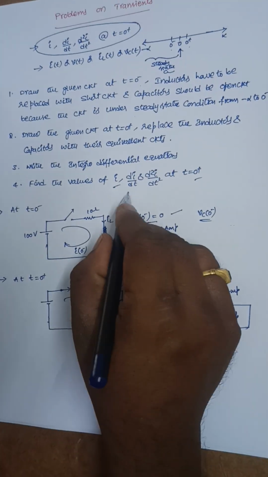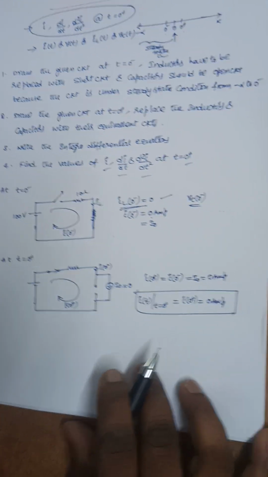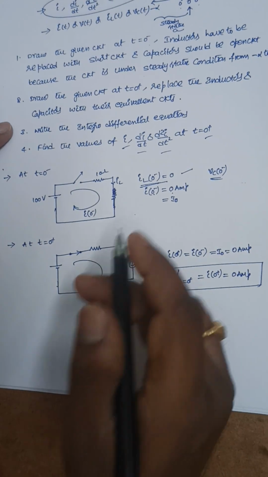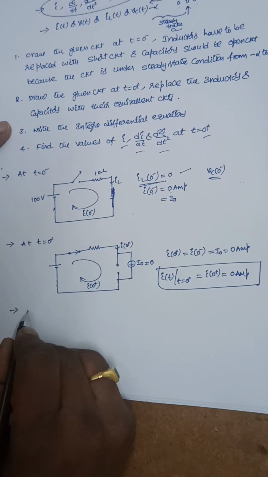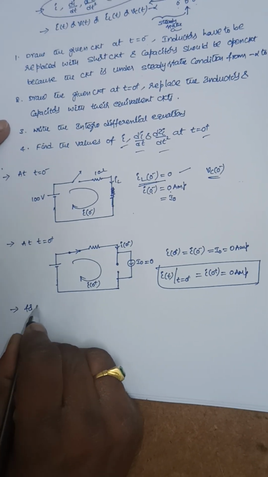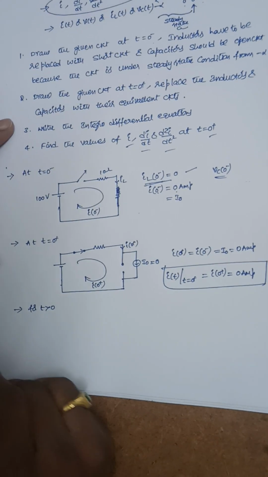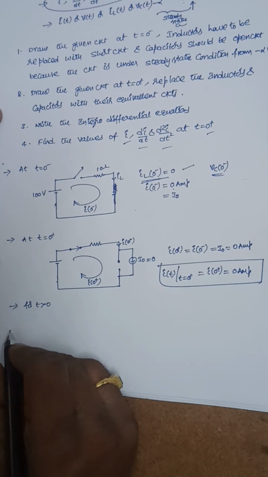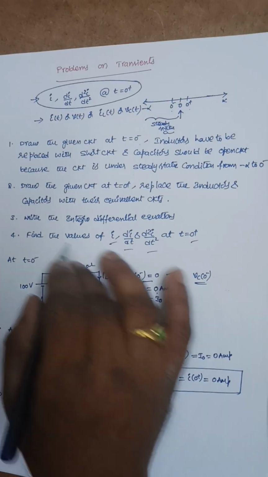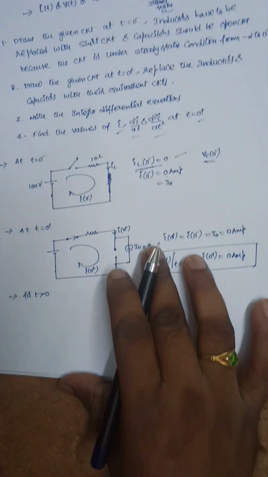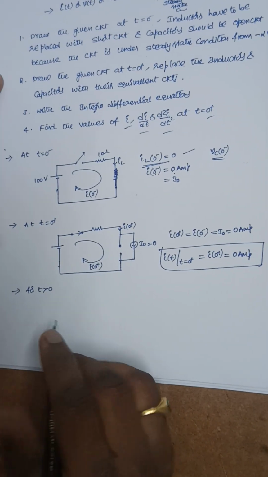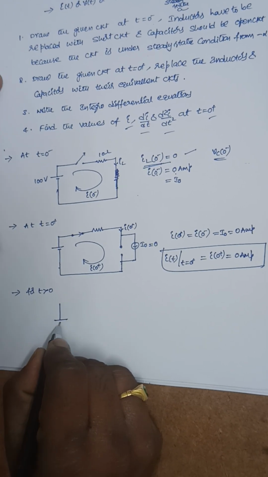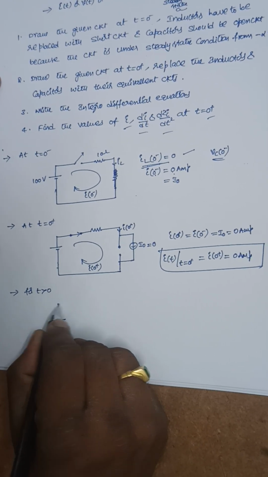Next, di by dt and d square I by dt square, I need to calculate these two things. To find these two things, I need to draw the circuit for t greater than 0, to write the integro-differential equations.